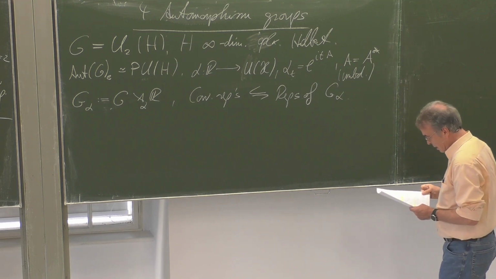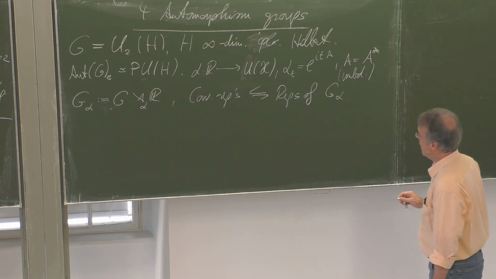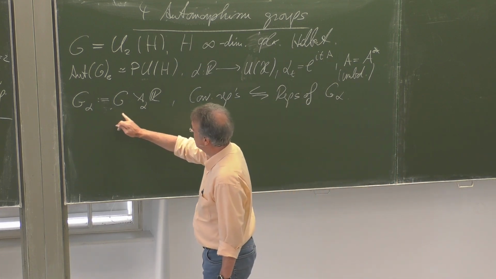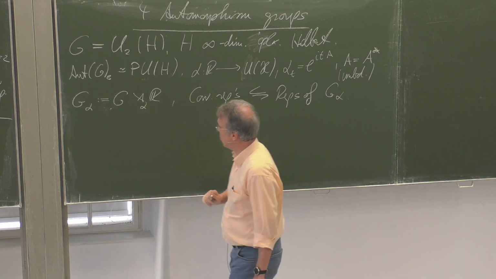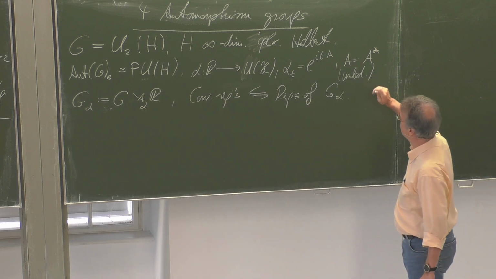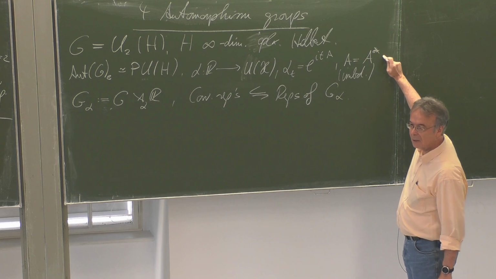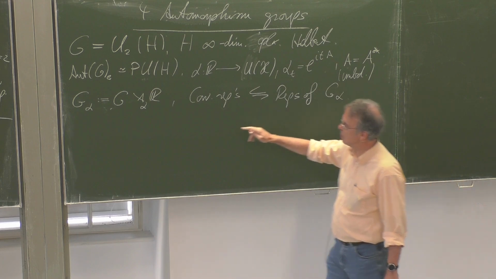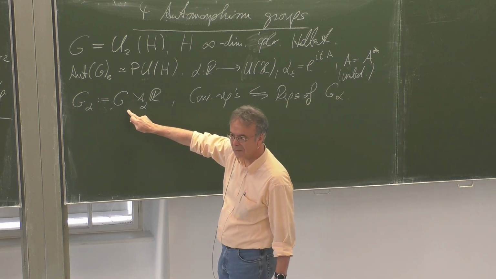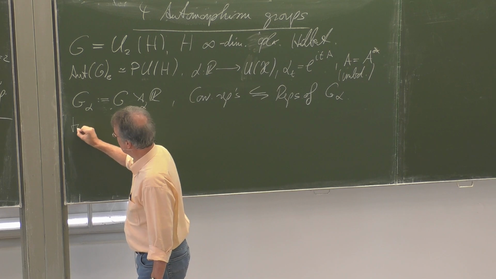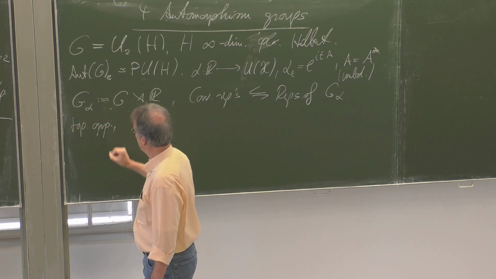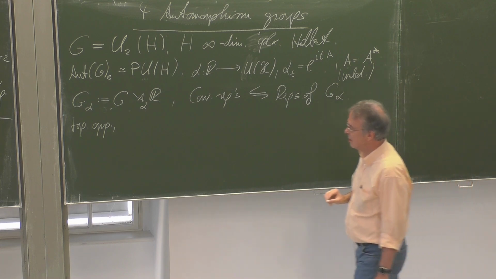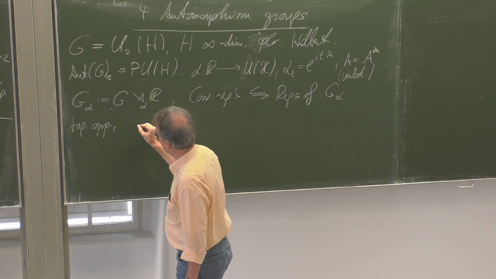Now, self-adjoint operators are very complicated objects, and the interesting point here is that these groups are no longer Lie groups if A is unbounded. So what I always get is a one-parameter group of automorphisms which defines a continuous action of R on G. So this is always a topological group. It's a Lie group if A is a bounded operator, but in general it's only a so-called half Lie group.